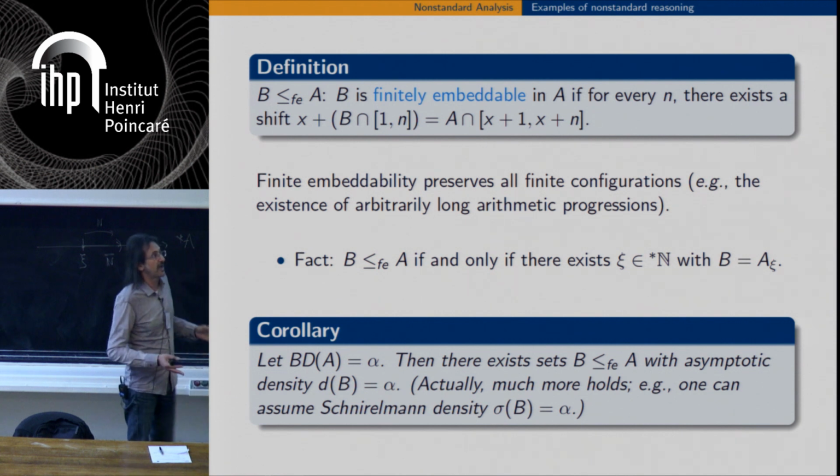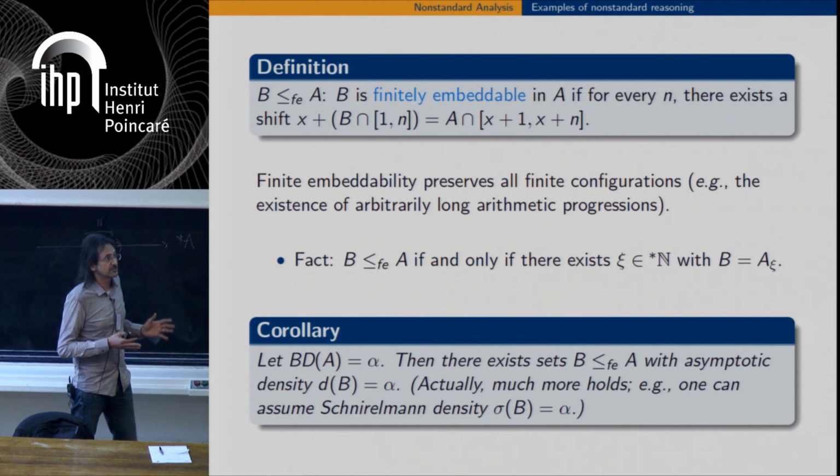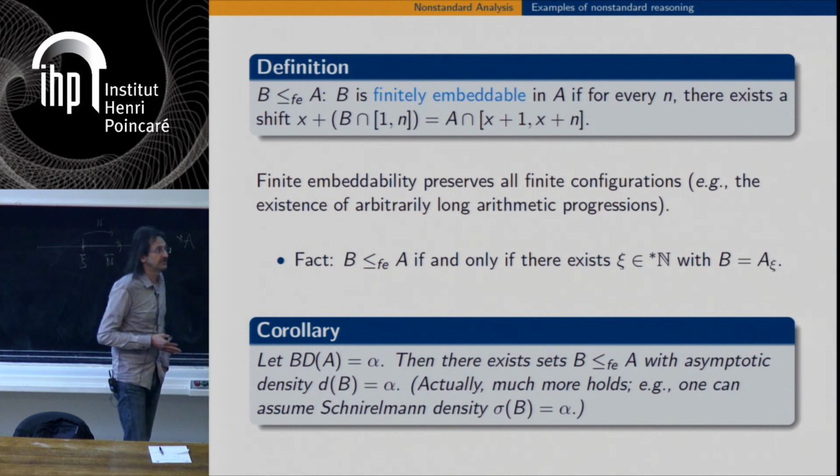For instance, if B contains arbitrarily long arithmetic progressions, then also A will have the same property if we have this finite embeddability property.